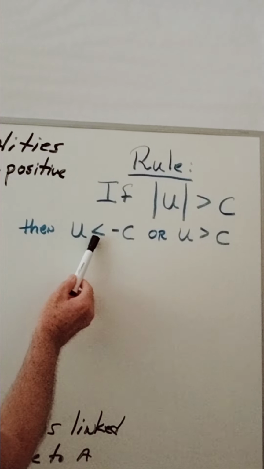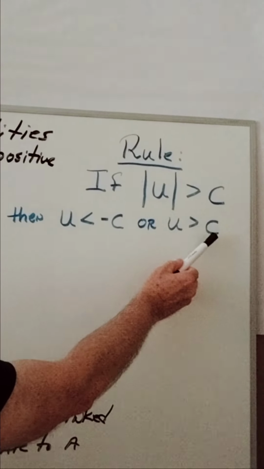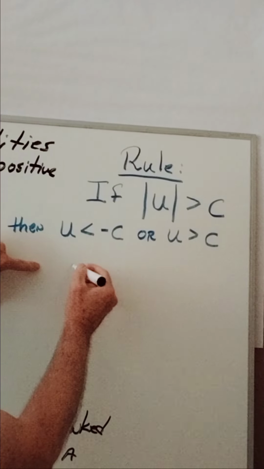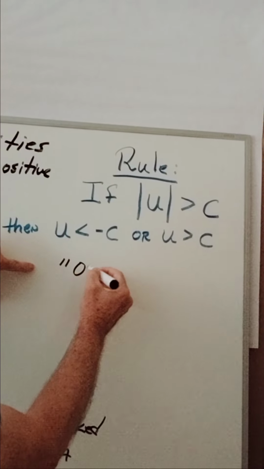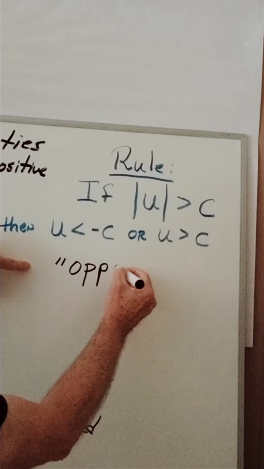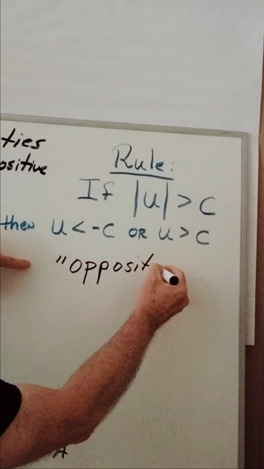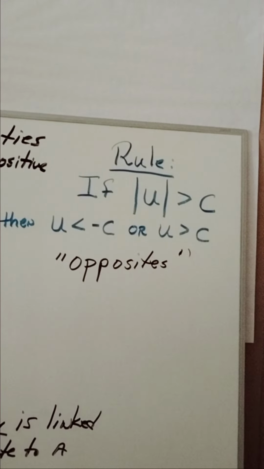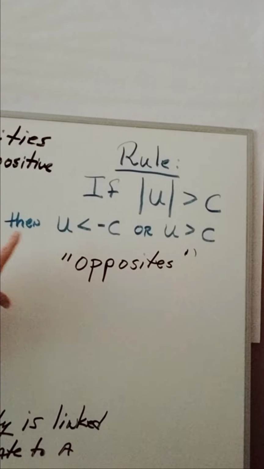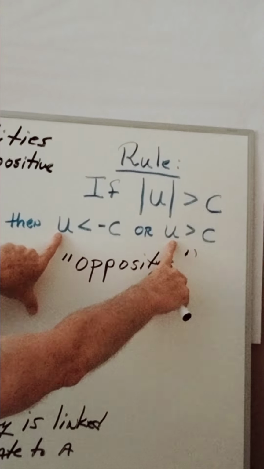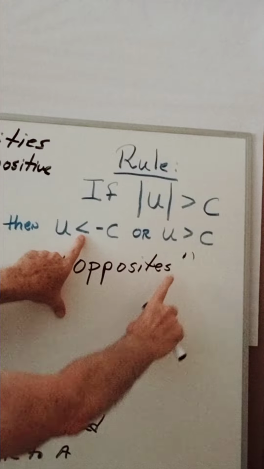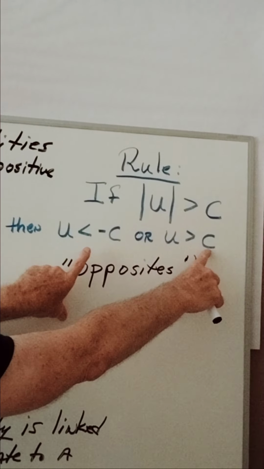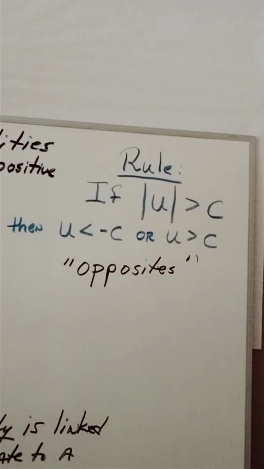U will be less than, and you then change that positive number to its opposite. So if there were to be a key word for this translation, I believe it would be the word opposites. The U's are the same, but the inequality symbols are opposite, and the C values are opposite.